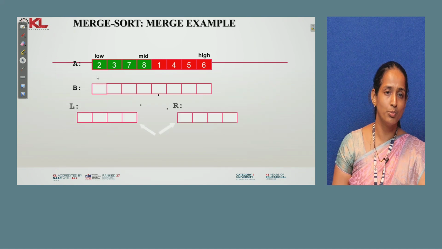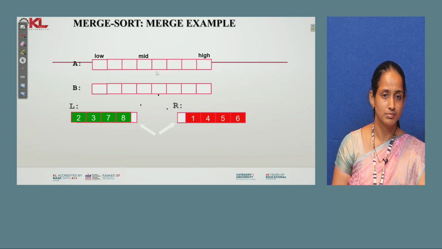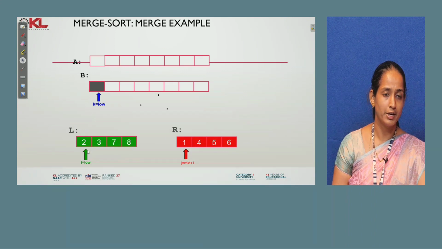Initially they have taken 2 pointers. The i pointer is pointing to the low value and the j pointer is pointing to the mid plus 1 value. Both are compared and whichever is the lesser value will be pushed into the resultant array.